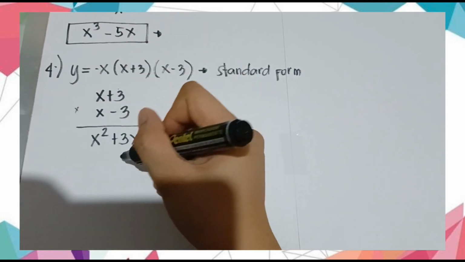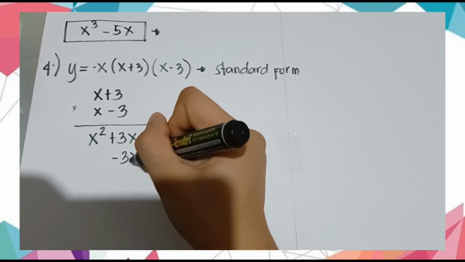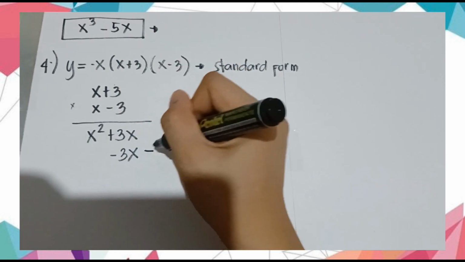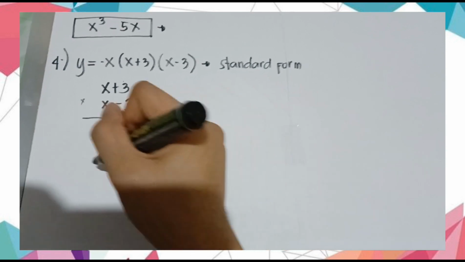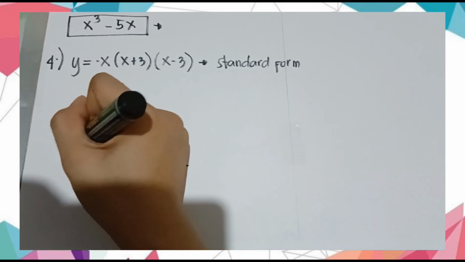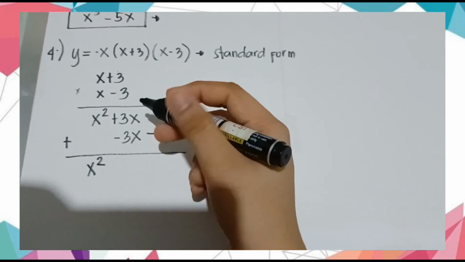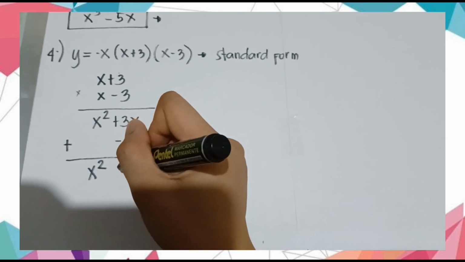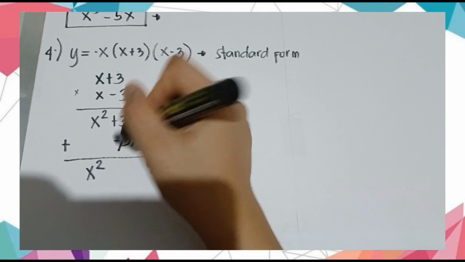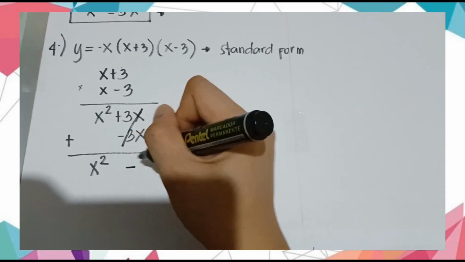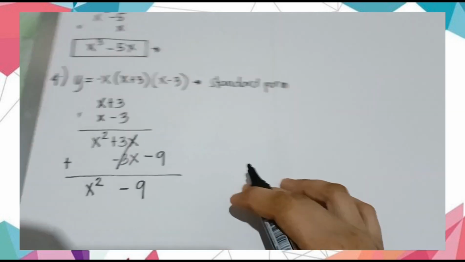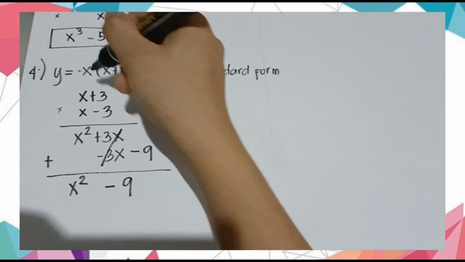Then negative 3 times x gives us negative 3x. And then positive 3 times negative 3 is negative 9. So we add the two. x squared, we bring down. And then we cancel positive 3x and negative 3x because the answer is 0. And then we bring down negative 9. So this is not yet the final answer.